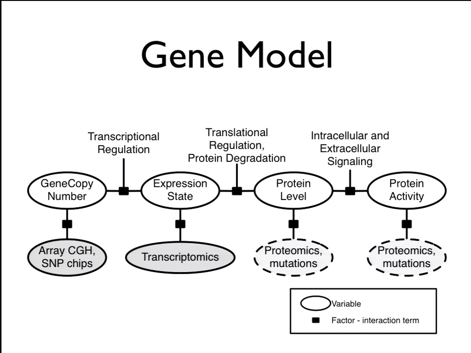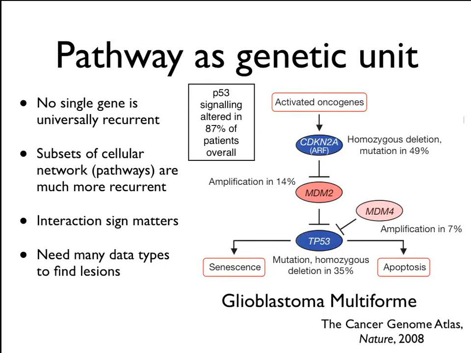And especially in cancer, this is important because it's been known for a long time that it's not a single gene that causes cancers. It's not one particular gene in a pathway. That's a problem. This is an issue from TCGA in 2000. And what they found when they did an exhaustive analysis is that p53 signaling is perturbed in about 90%. But if it's just one single data type or one single gene, you're not going to find p53 perturbed in all these.